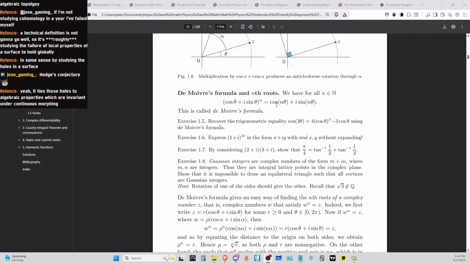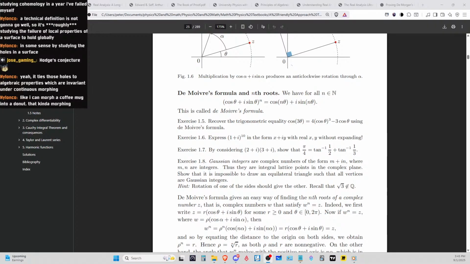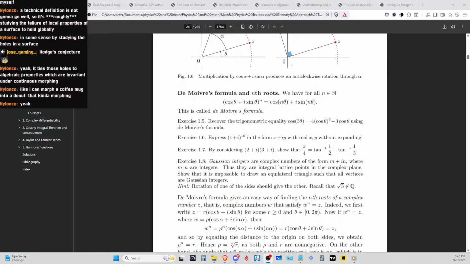Is that what you mean by continuous morphing? Because I'm thinking of something you would see in a computer simulation, where it can morph a coffee mug into a donut.